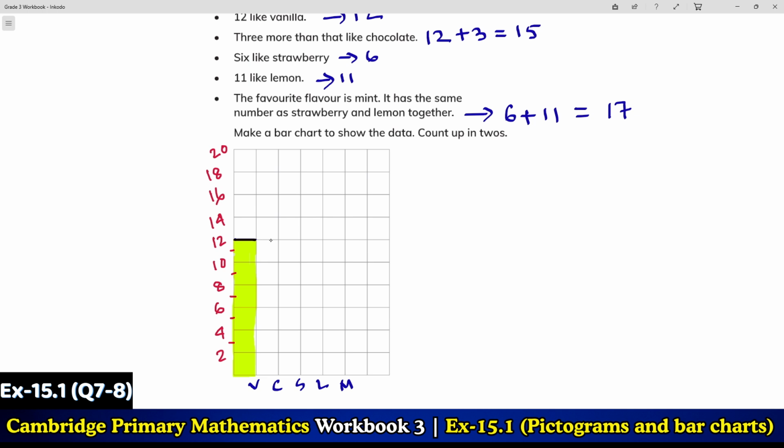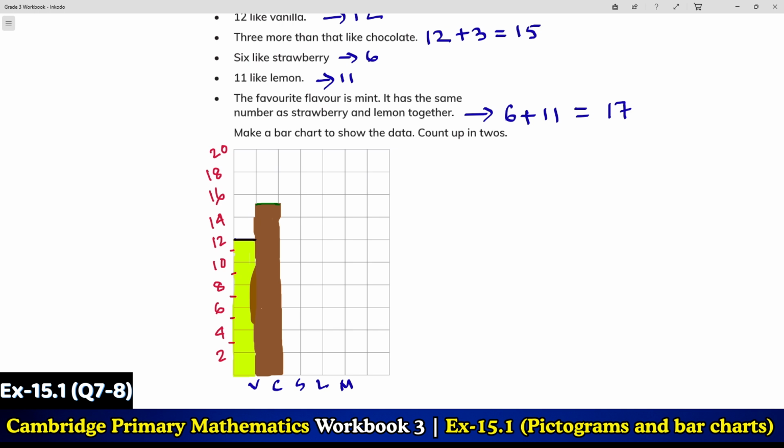So we can draw 15. 15 means it's between 14 and 16. So here it's 15. We can draw it like this, this is our chocolate. You can draw just in pencil, make shadow several times.